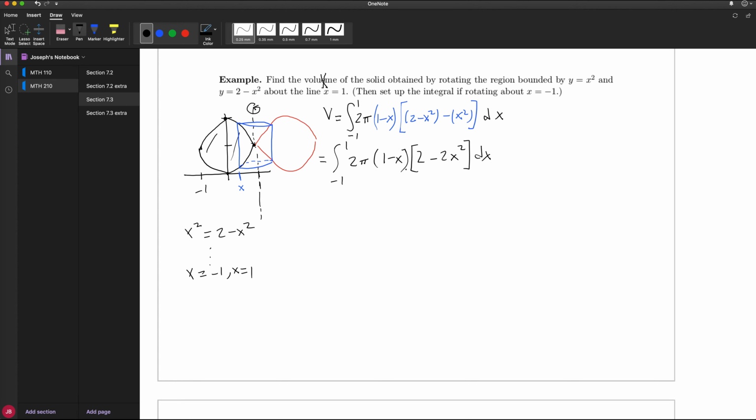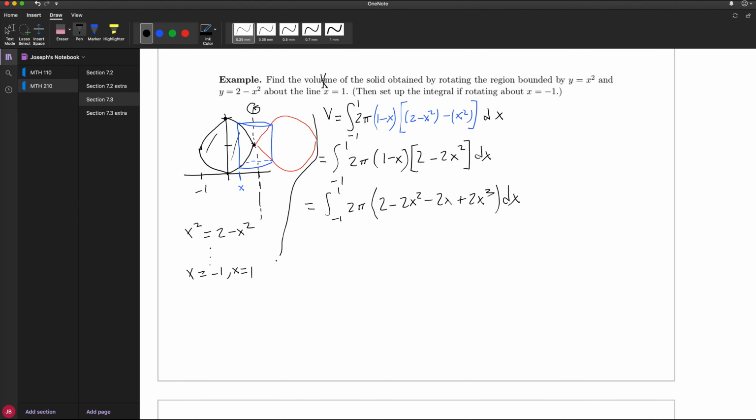And you got to do some foiling here. So this is, let's see, integral -1 to 1, 2 pi, we get 2 minus 2x squared minus 2x plus 2x cubed.